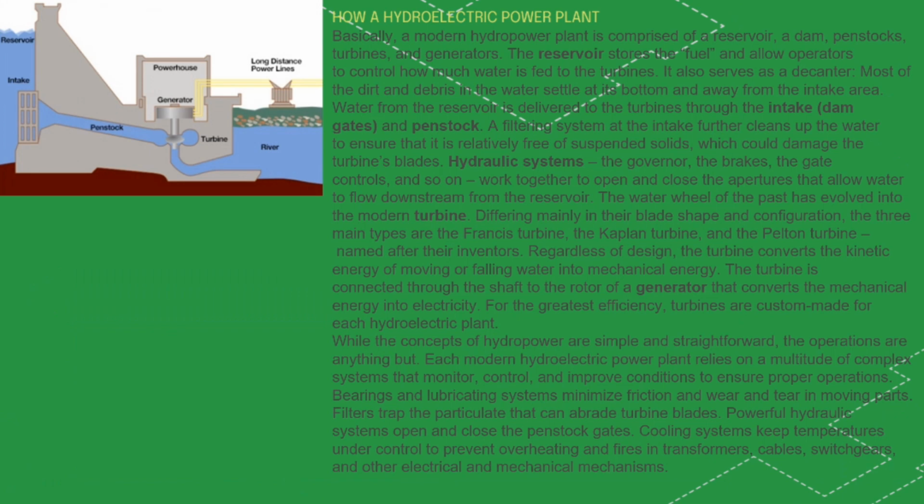Bearings and lubricating systems minimize friction and wear and tear in moving parts. Filters trap the particulates that can abrade turbine blades. Powerful hydraulic systems open and close the penstock gate. Cooling systems keep temperature under control to prevent overheating and fire in transformers, cables, switchgear, and other electrical and mechanical mechanisms.